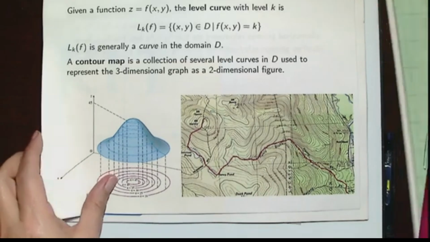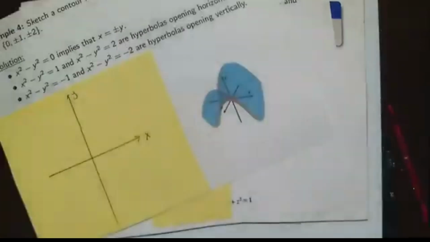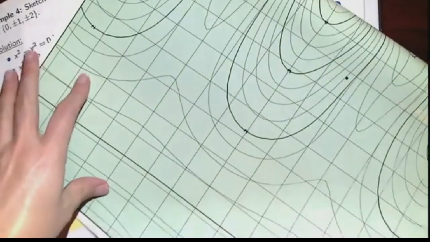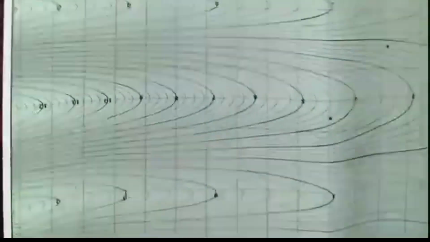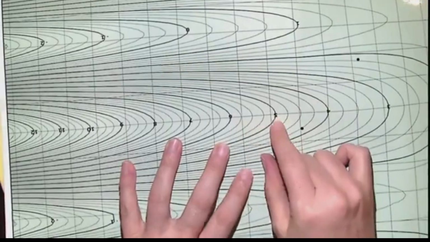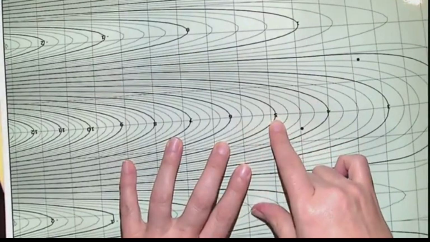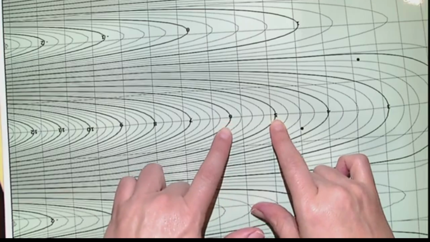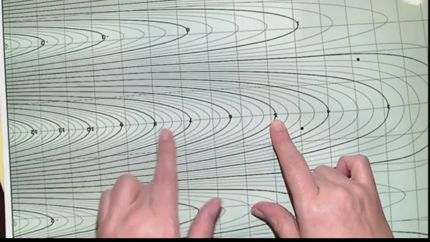Let me get a bigger one. I have a big one, I'll pass it along. Okay. Say z value here is 4, z value here is 6. Can you guys see this? 7, 8.